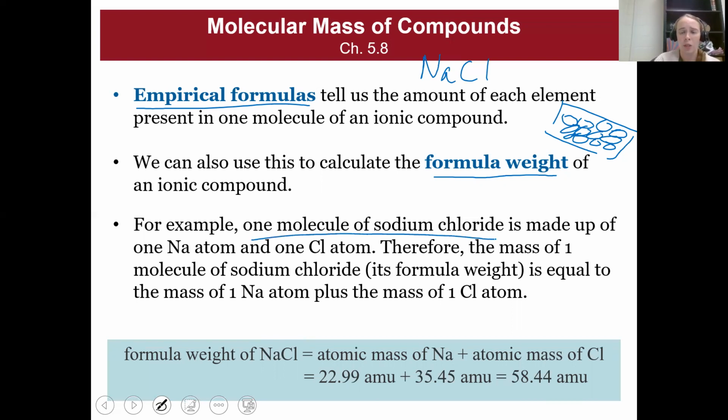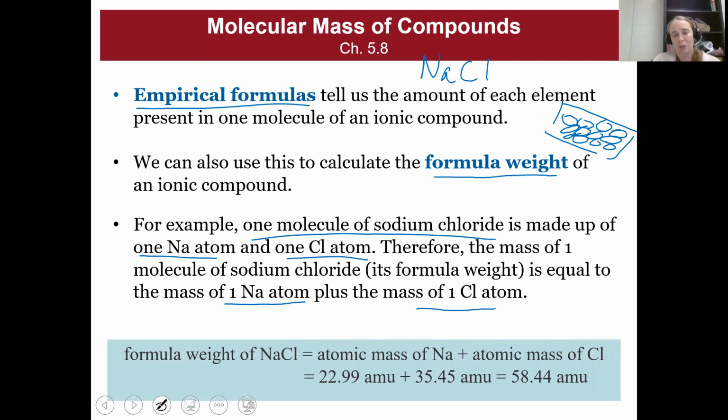1 molecule of sodium chloride has 1 sodium atom and 1 chlorine atom, also known as 1 sodium ion and 1 chloride ion. So the formula weight of sodium chloride is the mass of 1 sodium atom plus the mass of 1 chlorine atom. Chloride ion, same difference.